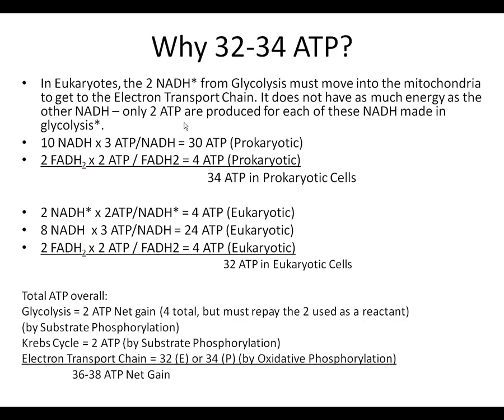So 4 plus 24 is 28, plus 4 is 32. So that whole difference between the 32 and the 34 is based on the movement of those original NADH from glycolysis. They don't have as much energy once they get into the mitochondria because they have to expend some of that energy coming across the membrane of the mitochondria.